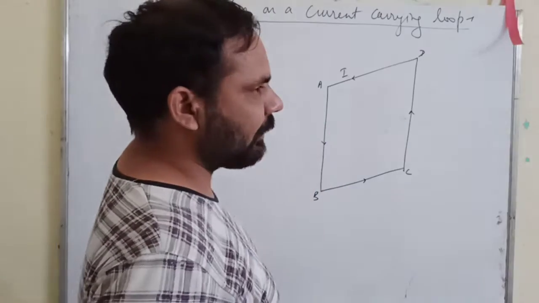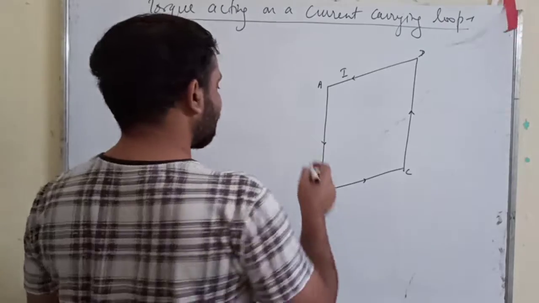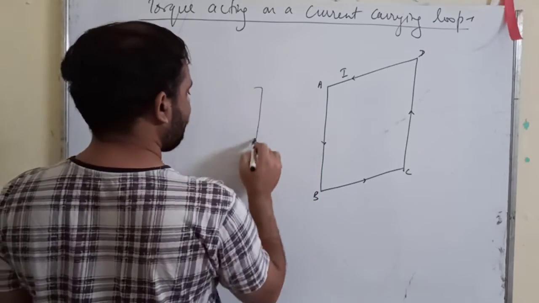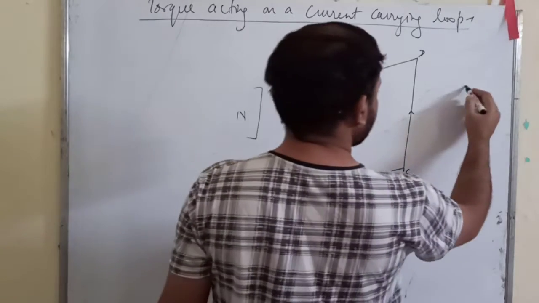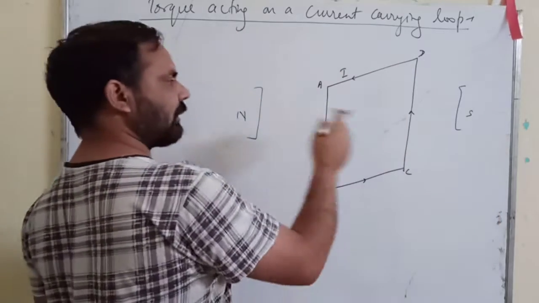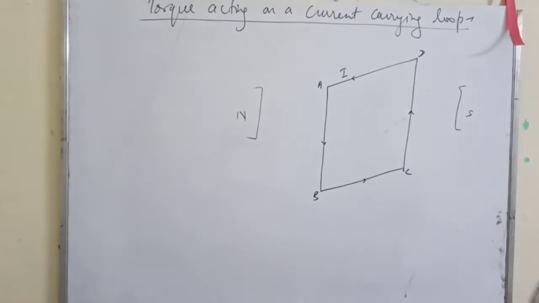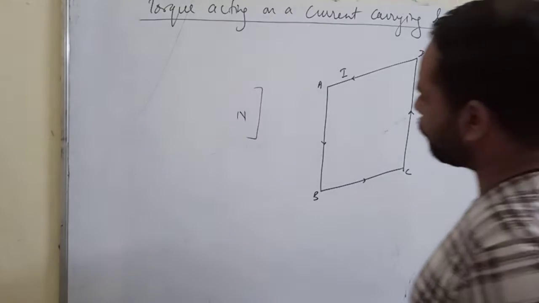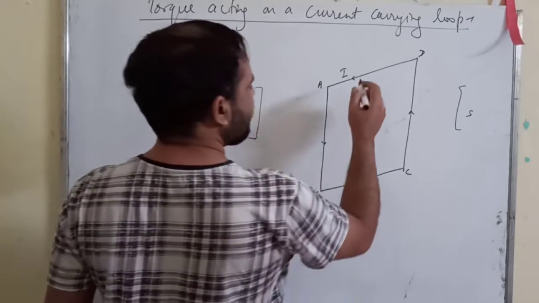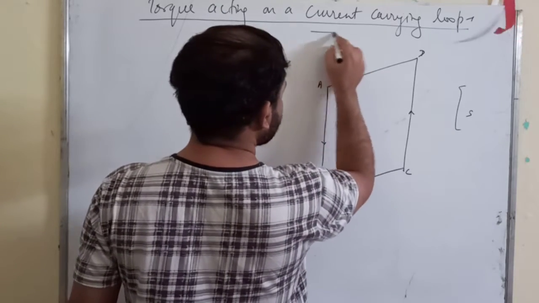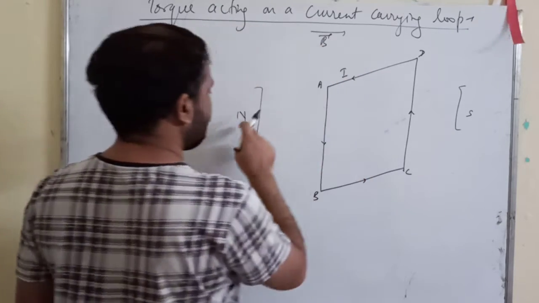Let us suppose that there is a magnetic field. Suppose we placed a magnetic field, north and south. We have placed two bar magnets. So this loop will be inside the magnetic field. Let us suppose that the direction of magnetic field is this, north, south.